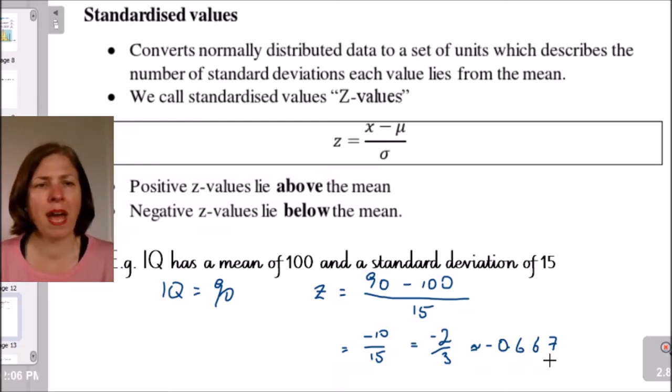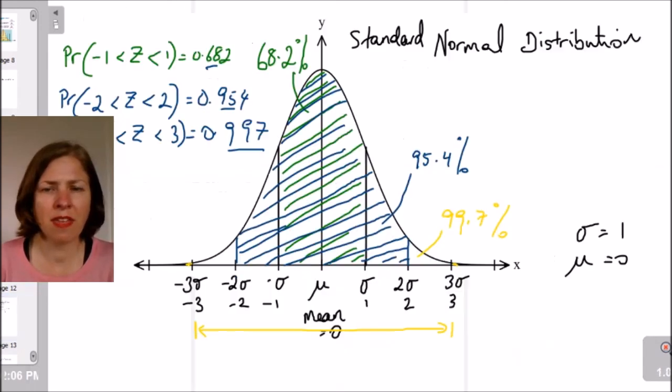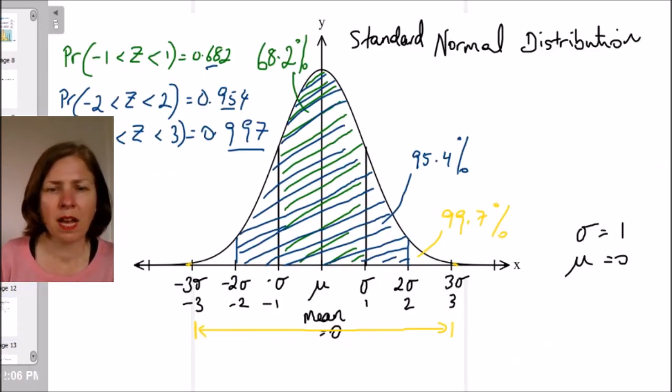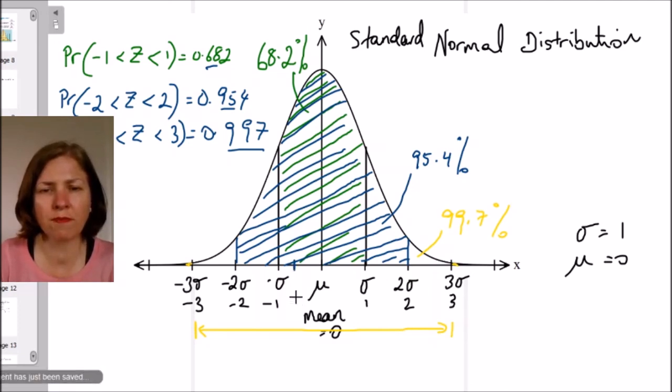So if I go back to my graph and I think about where that would be on the graph, negative 0.67, that value is going to be negative 2/3 from this mean here. So it's about there, negative 2/3. All right. So an IQ of 90 is here on the curve. It's quite likely to occur, assuming that those values that I just gave you for IQ are true.